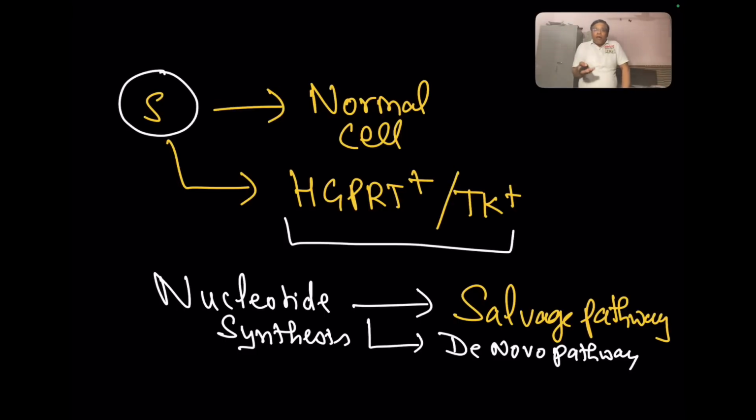For the salvage pathway, there is a need for enzymes like HGPRT and TK. So when you have these enzymes, hypoxanthine guanine phosphoribosyl transferase and thymidine kinase, in that situation what is going to happen? The cell can synthesize nucleotides by the salvage pathway.